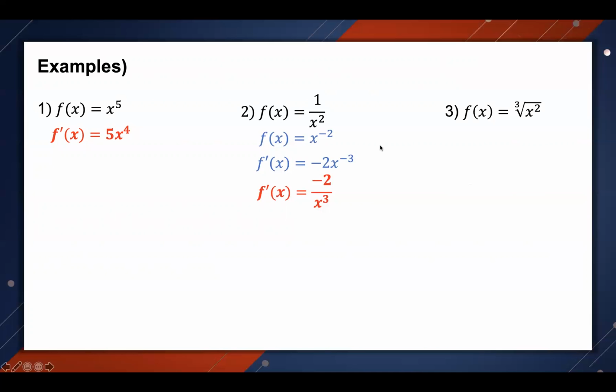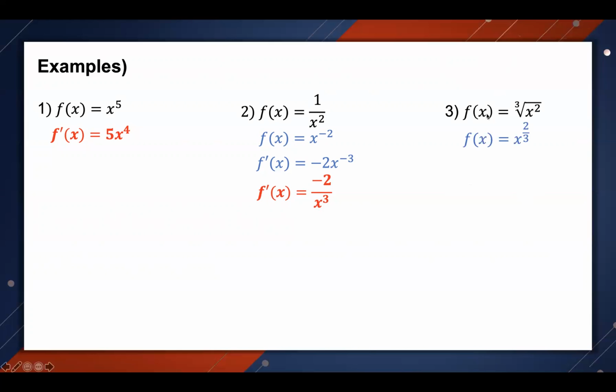And here's one: f of x equals x squared and the square root of 3. We write it in a general form for x, so f of x equals x to the power of 2 divided by 3.